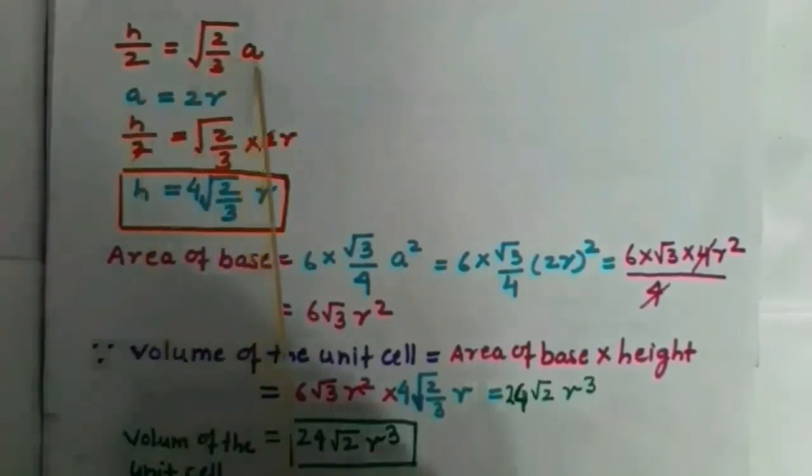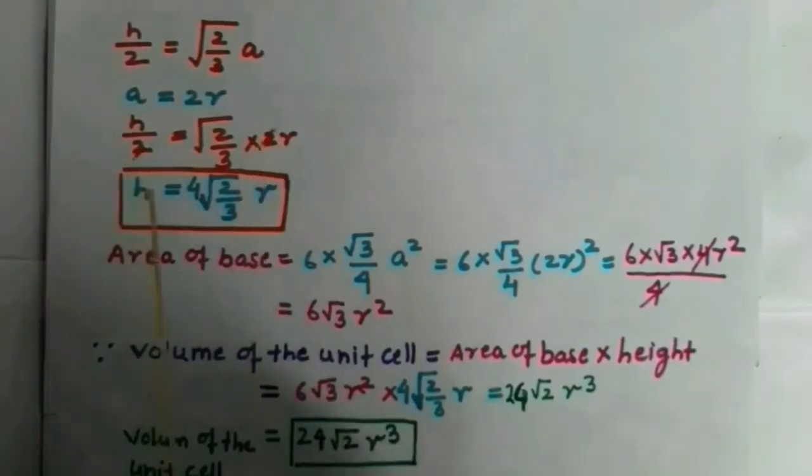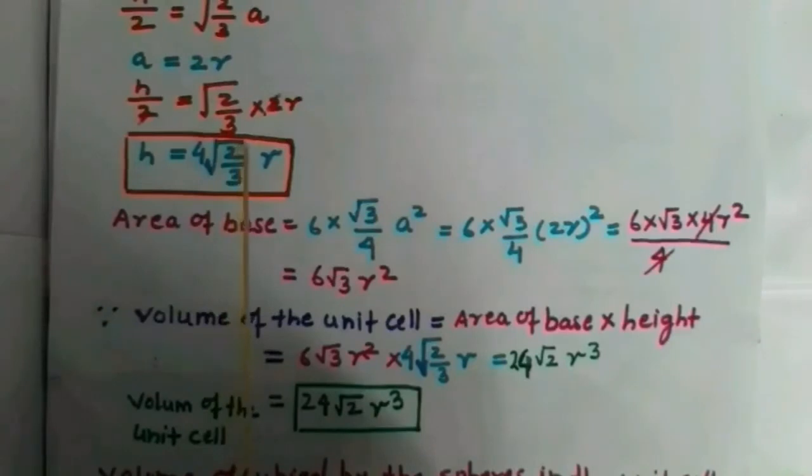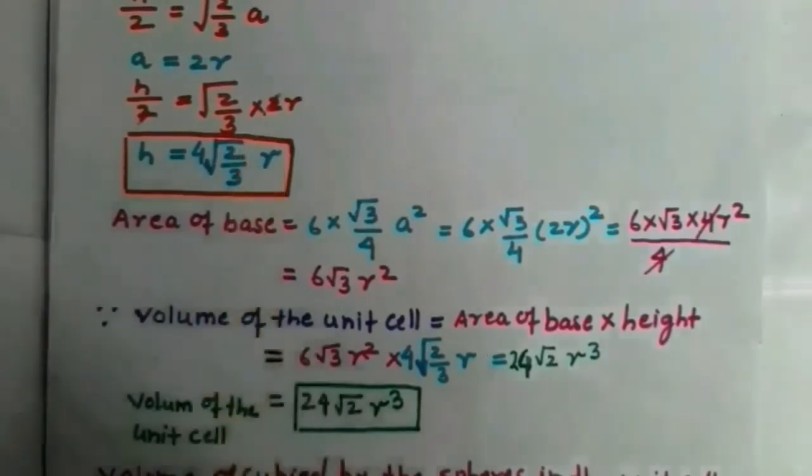Now substituting the value of a in terms of r, that is 2r, and taking this 2 to the right hand side, we get h is equal to 2 multiplied by 2, that is 4 root 2 by 3 r.